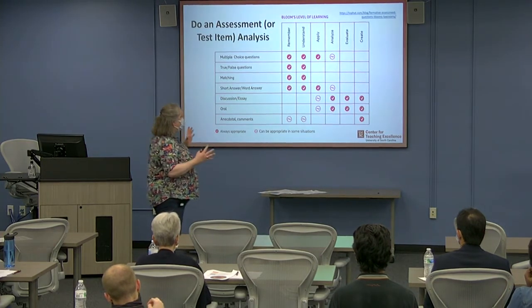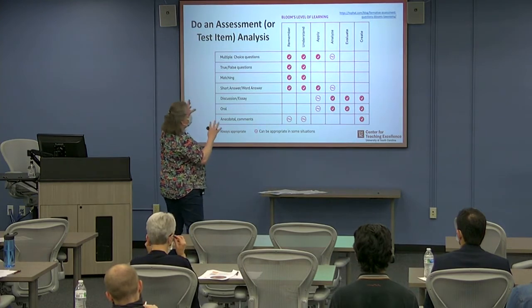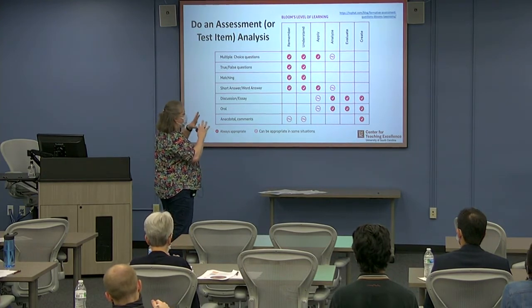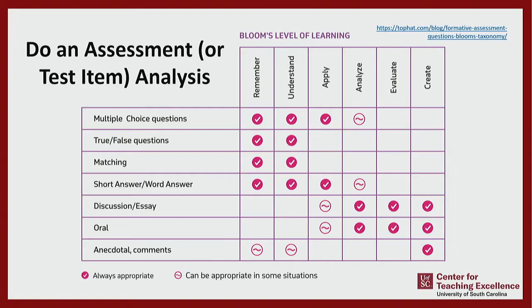Okay, one thing I put in here seems a little bit out of place, but let me describe what this is. When you're putting your assessments together, both in your course and, say, on an exam where you're looking at the questions you're asking, always do what we call a test item analysis or assessment analysis, looking at what level all of your assessments are reaching.